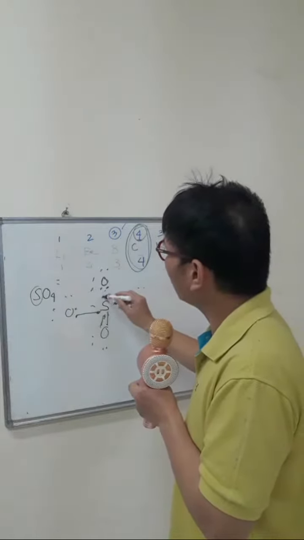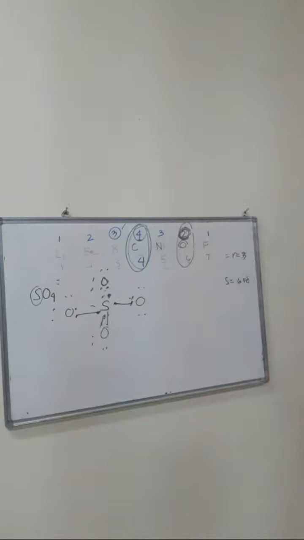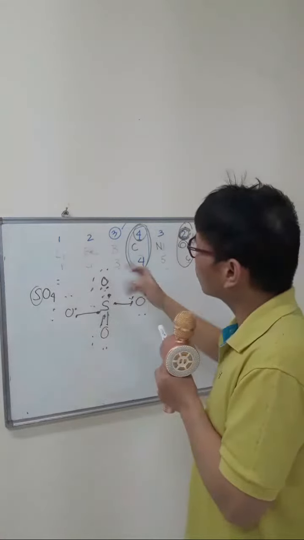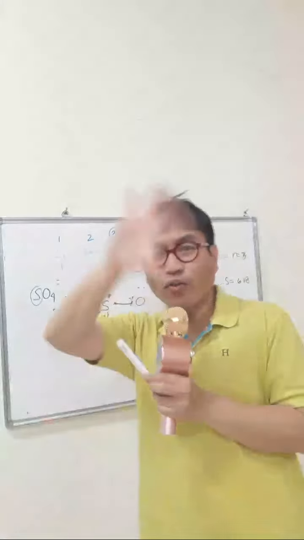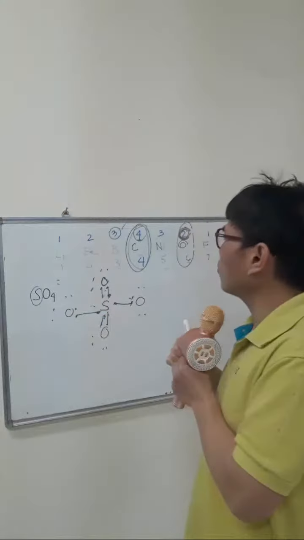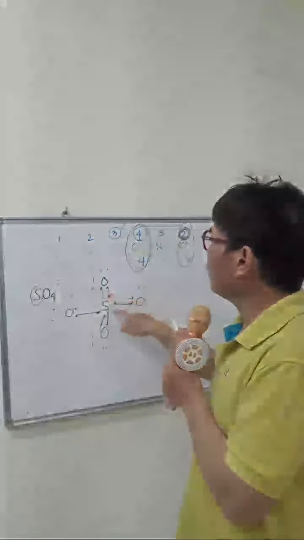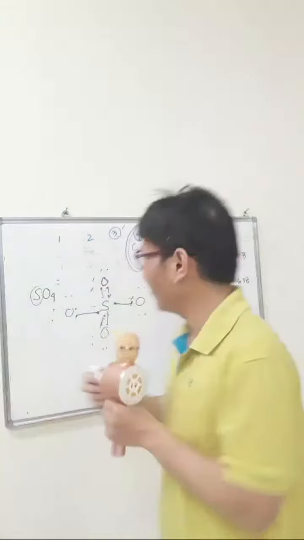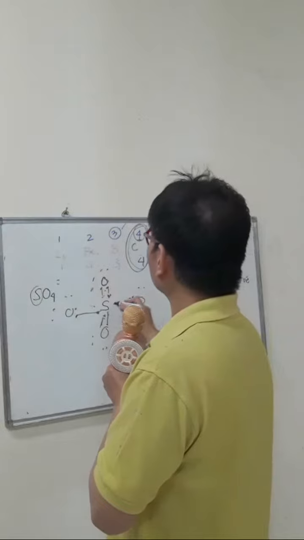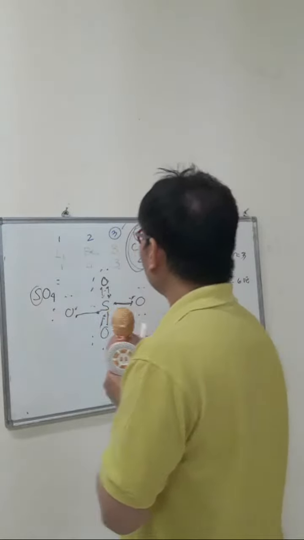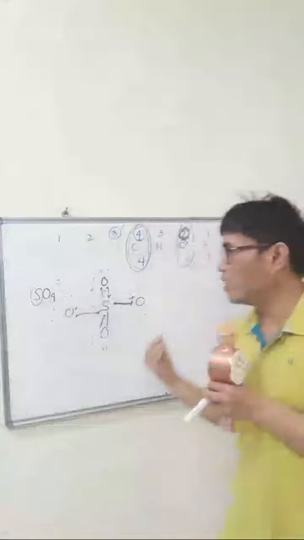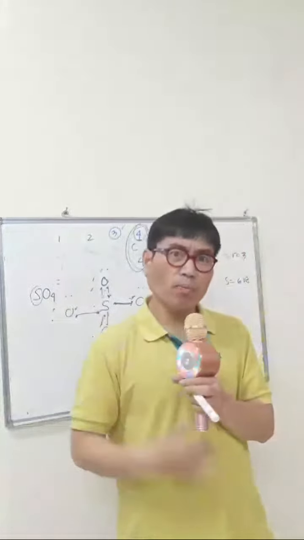So we will bond that again to oxygen so that it shares with the 4 oxygen. So 1, 2, 3, 4, 5, 6. So it has 6 now. In this case, it breaks the octet rule in the situation in which they are in the same group.